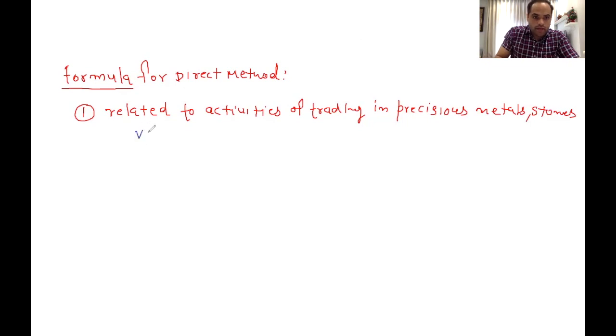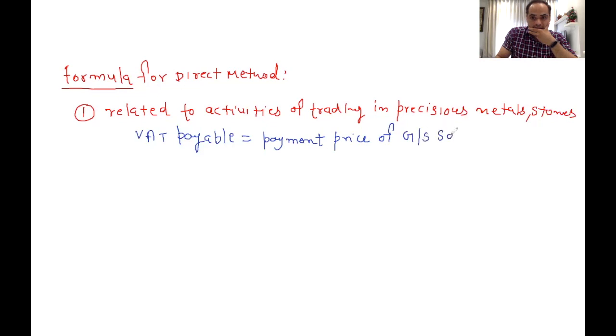So we have value added tax payable equals the payment price of goods and services sold, minus the payment price of goods and services purchased.